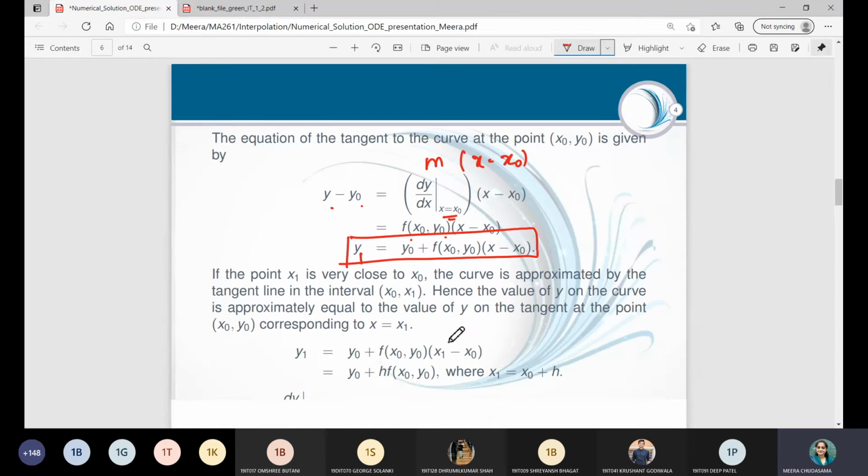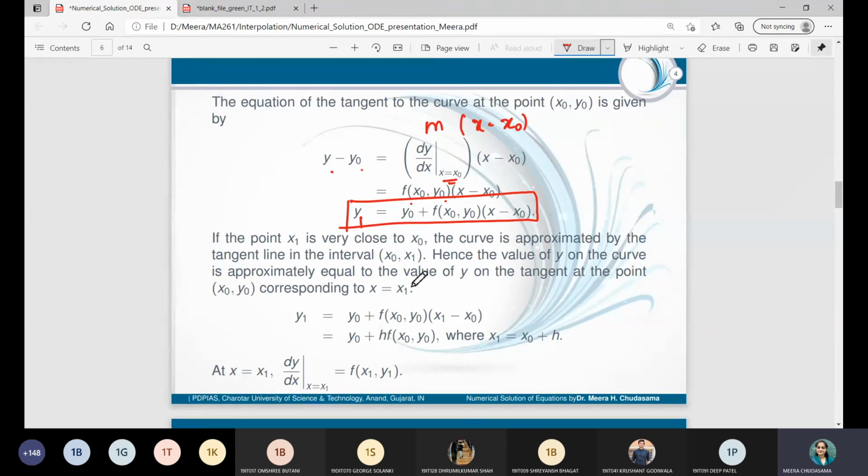Same thing now, by considering step size h, you can reach the point x1, and you get the expression for x1. You can see that x1 minus x0, when you consider it, turns out to be h. f remains the same, f at x0, y0. So this is your first approximation. The same thing you can apply for the point x1, y1: draw the tangent at x1, y1 along the curve and get the equation of that tangent line.